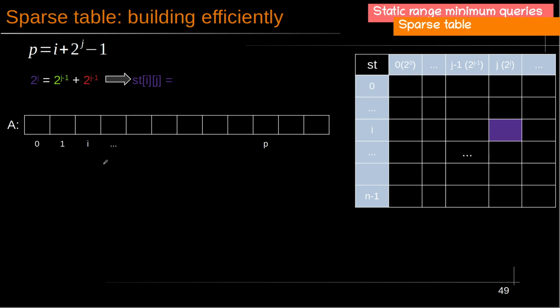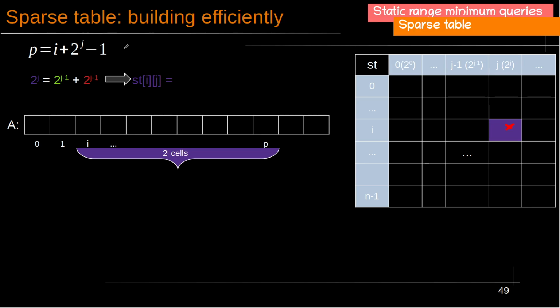This leads us to St of i j, the purple cell here, which is equal to these two cells starting from i to p, where p is i plus 2 power j minus 1, as we have seen in the previous slides.